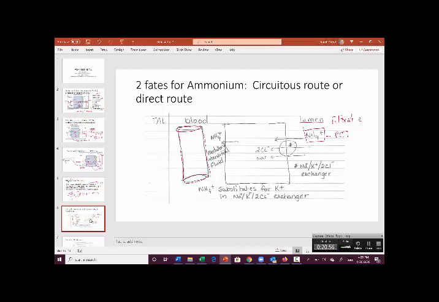So here it is going down the lumen, and some of this ammonium can actually substitute for potassium in the sodium potassium 2 chloride exchanger found on the thick ascending limb. That's what TAL stands for, thick ascending limb. So now we have ammonium in the cell, and then once it gets into the cell, there's a transporter that pushes it into the interstitial space.